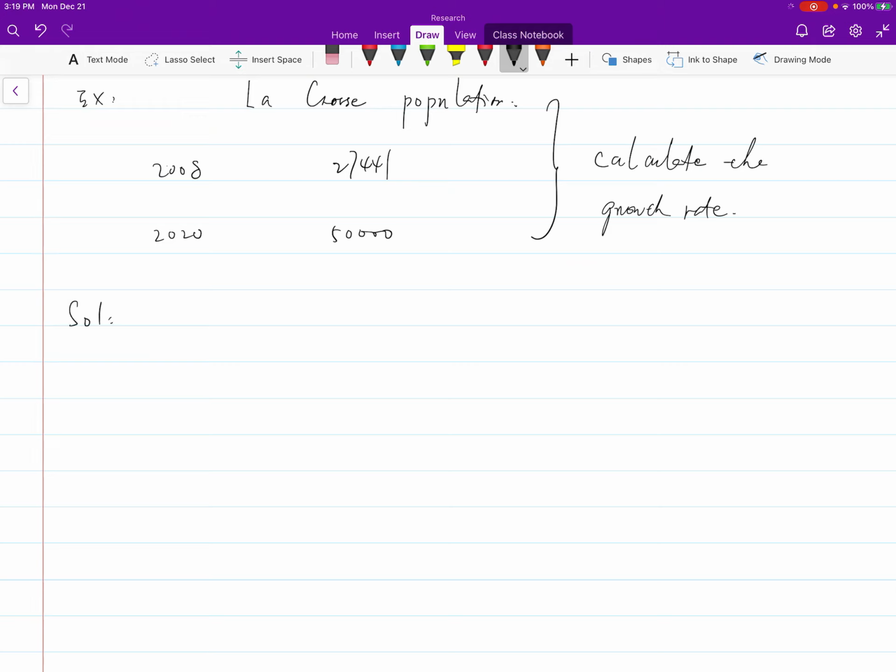Well, we can take a baseline. We can take it to be 2008. We don't have to. You can take this to be 0 and this to be -12. Or you can take this one to be 0, this one to be 12. It's all relative. I personally prefer to take the earlier year to be the baseline. So P equals, this is the model.